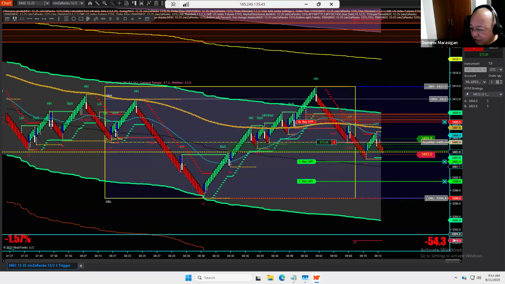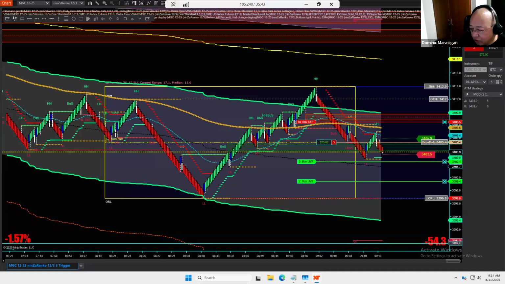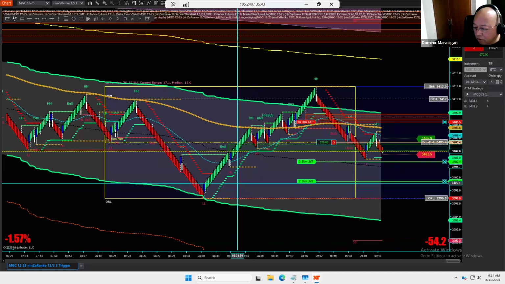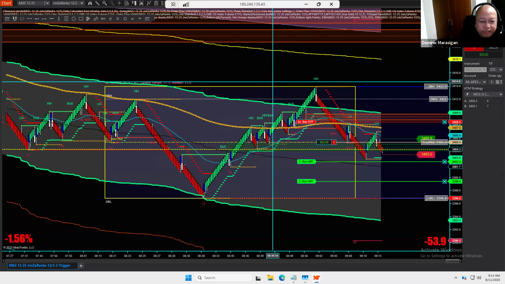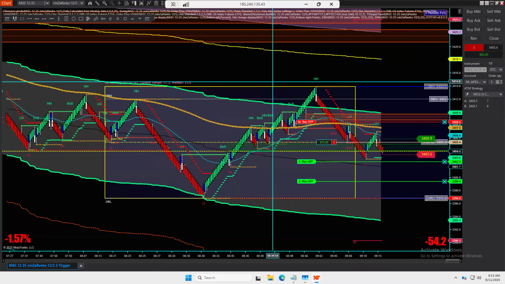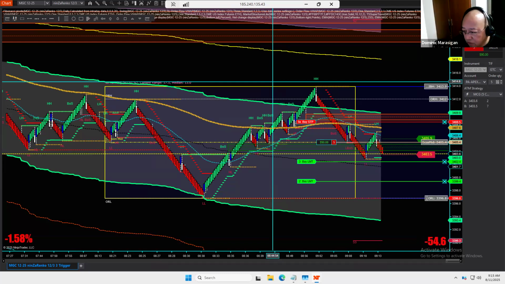Because other than that, if it's not creating a lower low, then you know it's not going anywhere. That makes sense? That's basic market structure, right? Once you get that, then everything else will follow.